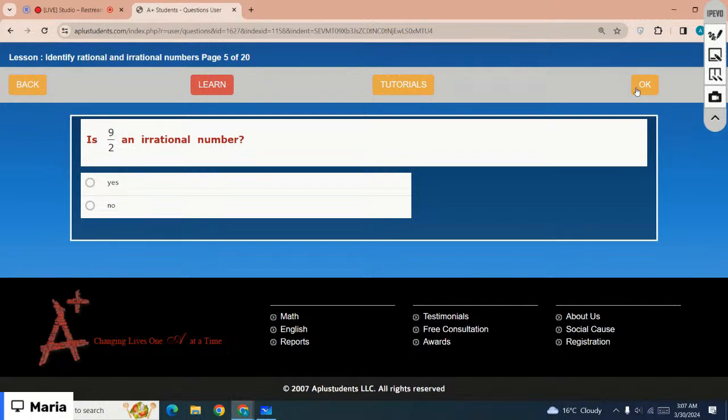The correct option is no, that is not an irrational number, right? Okay, you can complete the lesson by yourself later today. Let me just move on to the next lesson.